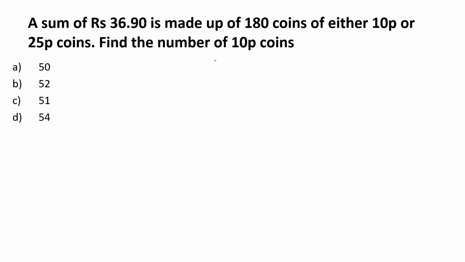When we have 180 coins of 25 paisa denomination, in terms of rupees, 4 coins make a rupee. That means 25 paisa is nothing but 1/4 of a rupee. Then the amount of money coming from the 180 coins of 25 paisa would be 45 rupees. But the actual amount given in the question is 36.90.